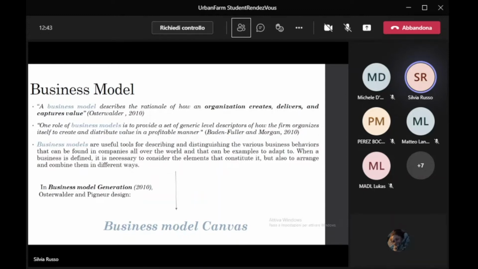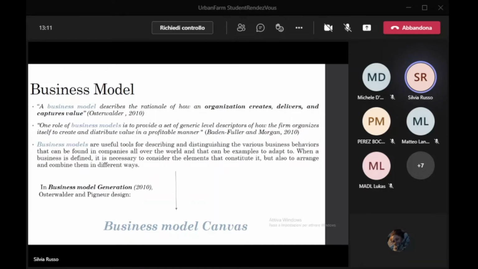In general, we can say that business models are useful tools for describing and distinguishing the various business behaviors that can be found in companies all over the world and that can be examples to adapt to. When a business is defined, it is necessary to consider the elements that constitute it, but also to arrange and combine them in different ways.